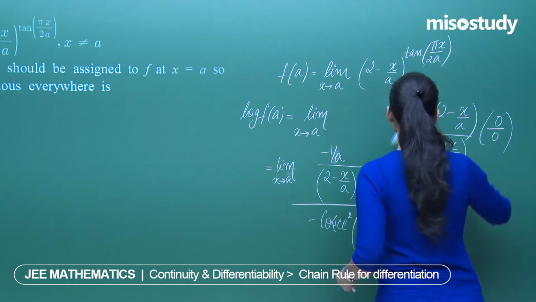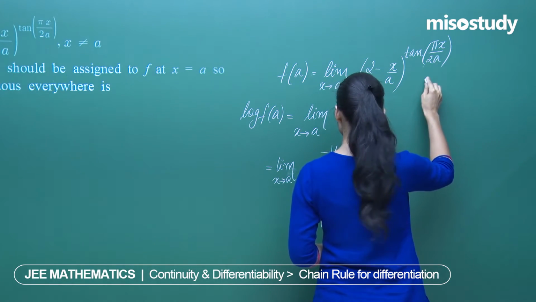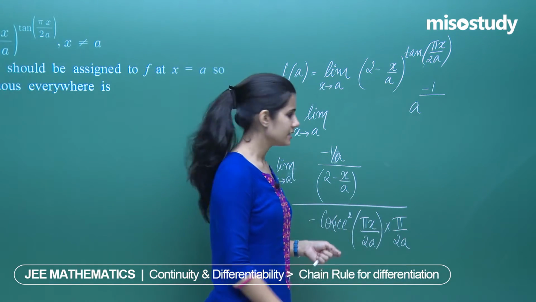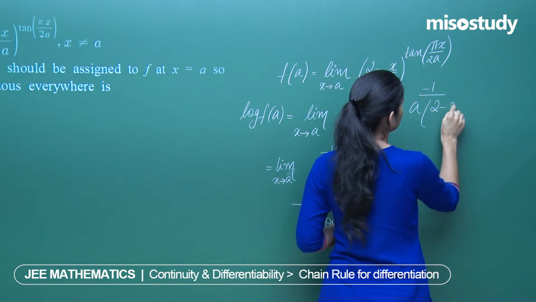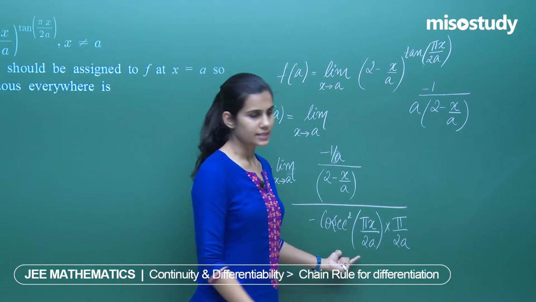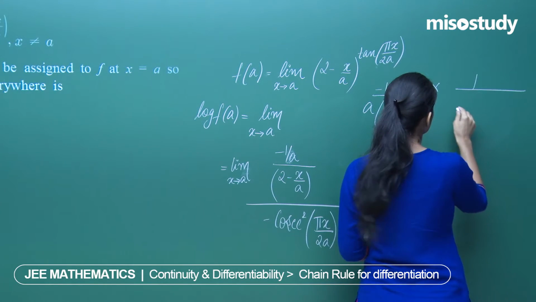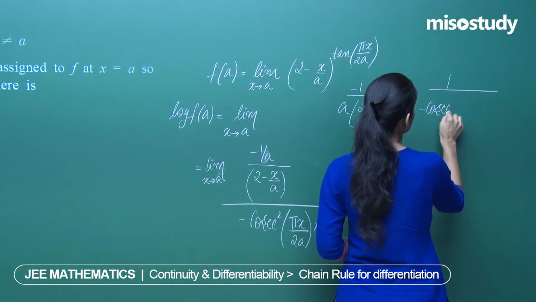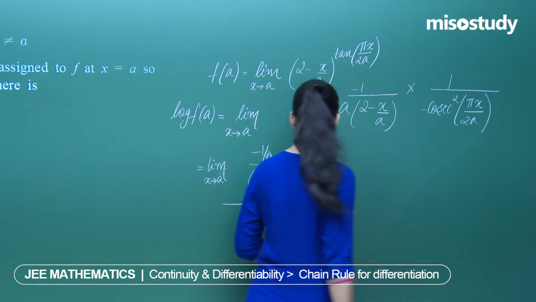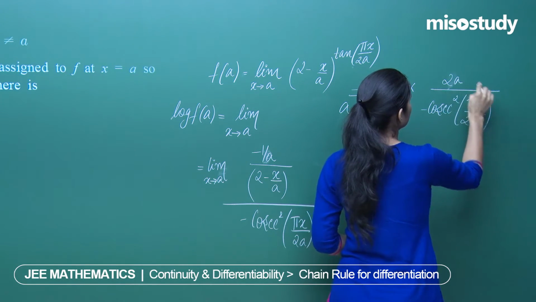Now if I move ahead, I can further write this as minus 1 upon a into 2 minus x upon a. This thing divided by this expression means multiplied by 1 upon cosec square pi x by 2a, and this is 2a by pi.